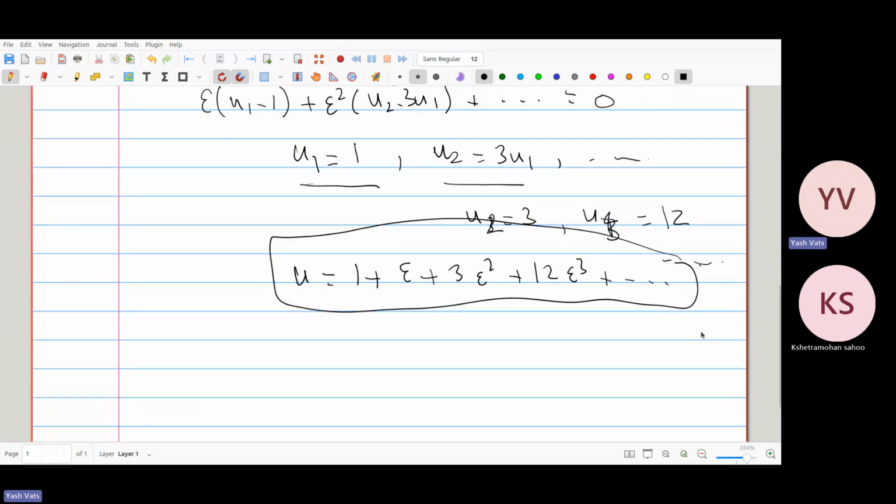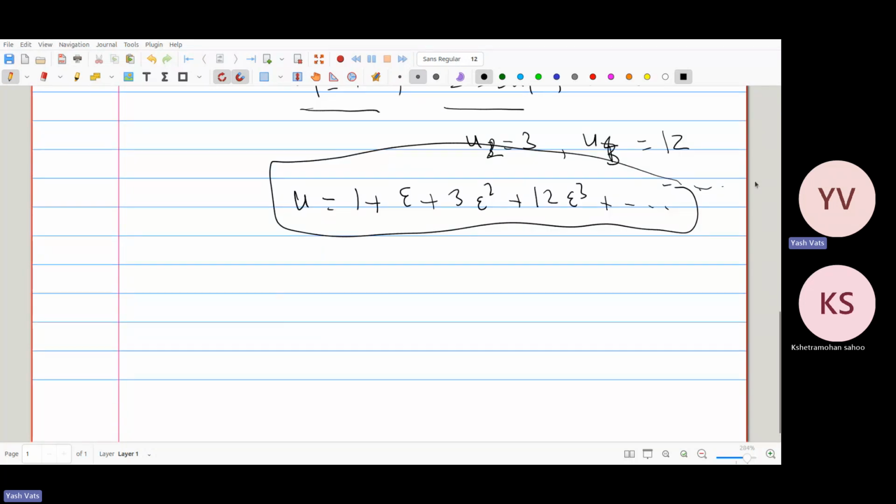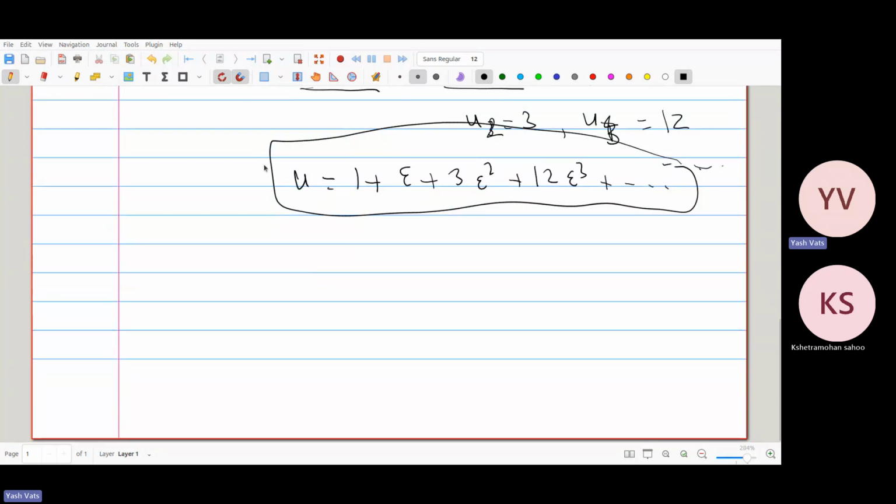Another thing you can try: I will give you some time to find the solutions of this equation.